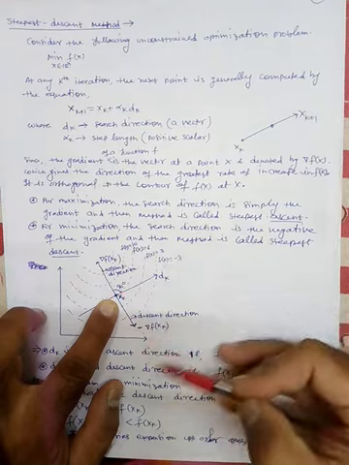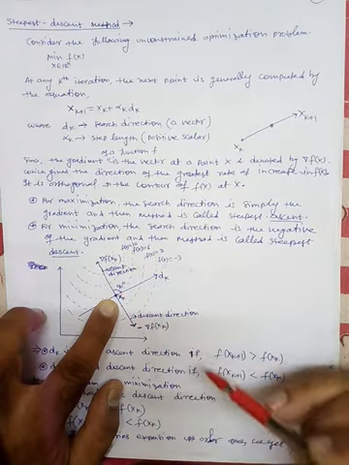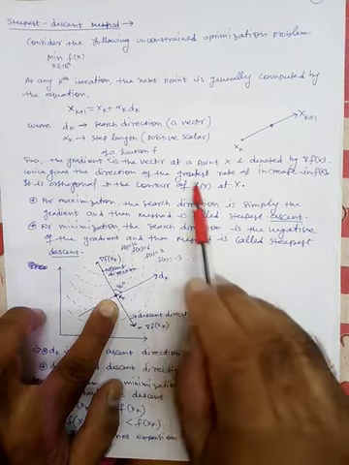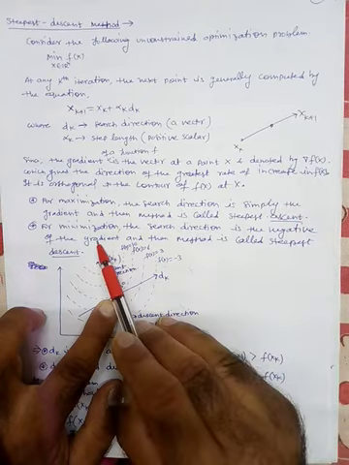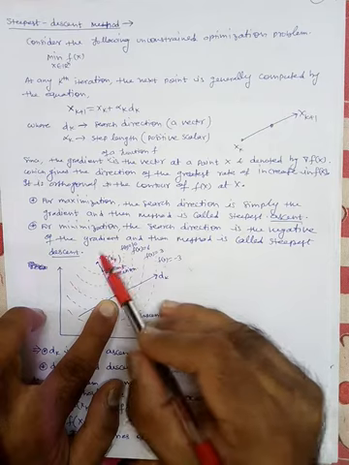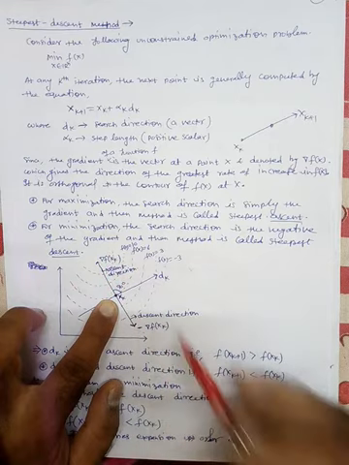This is the decreasing direction, this is the increasing direction, based on these values. This is denoted by gradient f of xk, because here is the greatest rate of increase, that's why this is the ascending direction and this is the descending direction. This is gradient f of xk positive, and this is minus gradient f of xk, the descent direction.